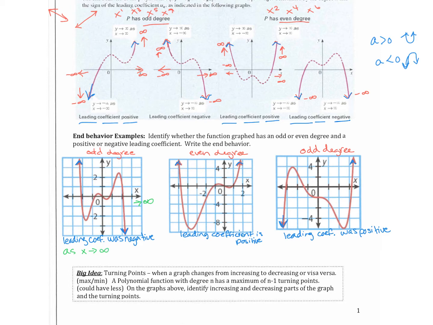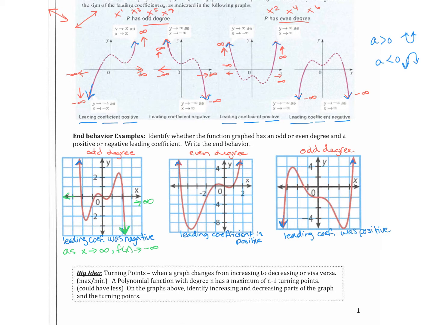So as x goes towards infinity, so as my numbers on my x-axis get more and more positive, you can see that my graph is getting more and more negative. In other words, my y values are getting much smaller. So then I say f of x is going towards negative infinity. Those are my y values. My function's values are getting really, really small, while my x values are getting very, very large.